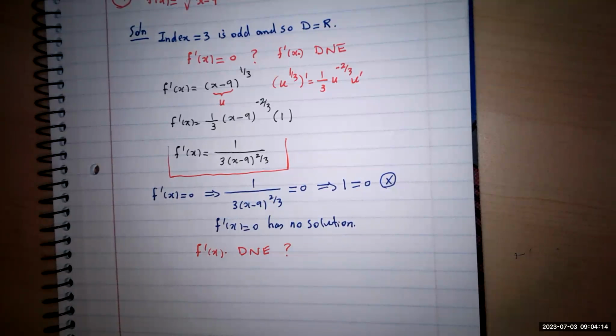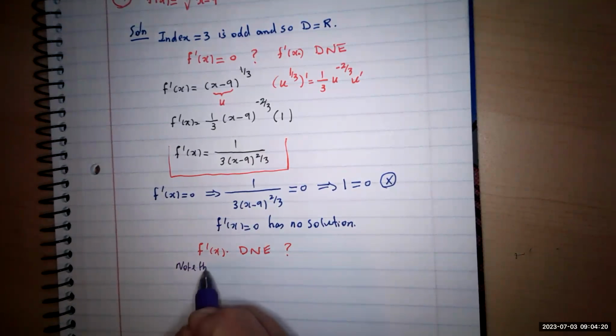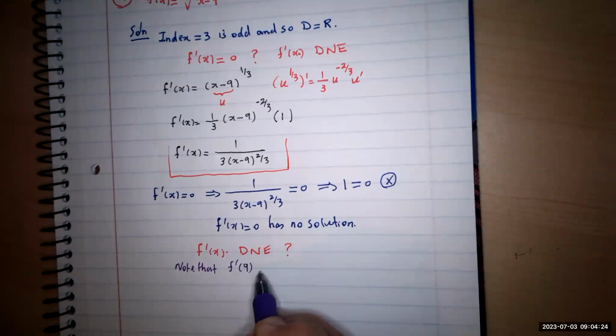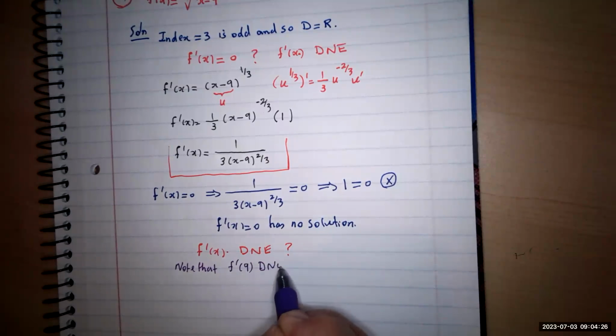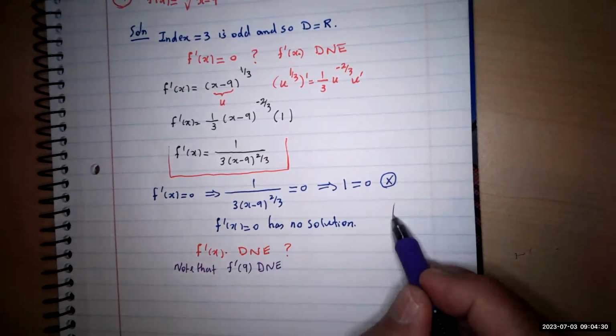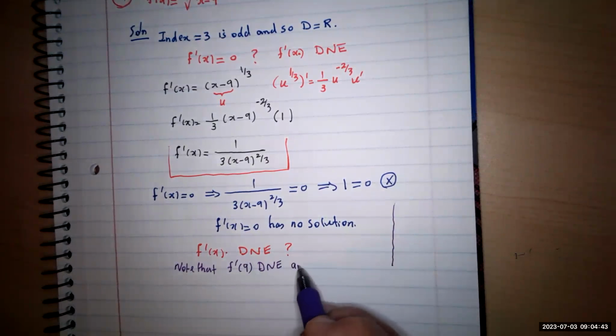So you have one. Now you have to explain, so, note that f prime of 9 does not exist. Does not exist means at that 9, you are going to have a vertical tangent line. But you have to confirm that this 9 is in the domain of the function, of course. You know that f prime of 9 does not exist, and that's important because it may not be.